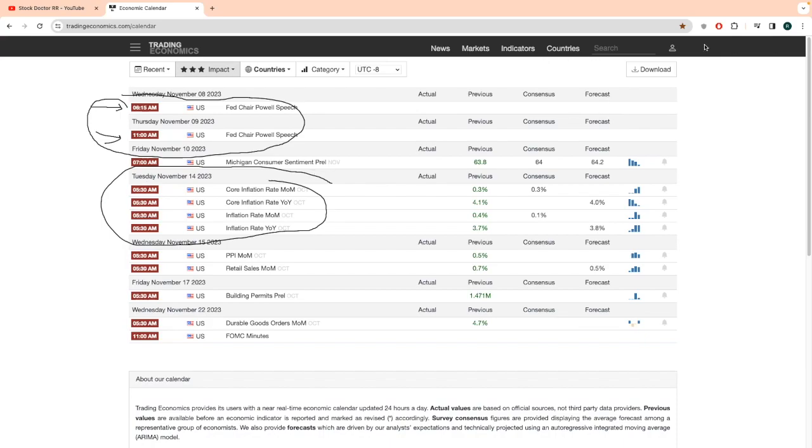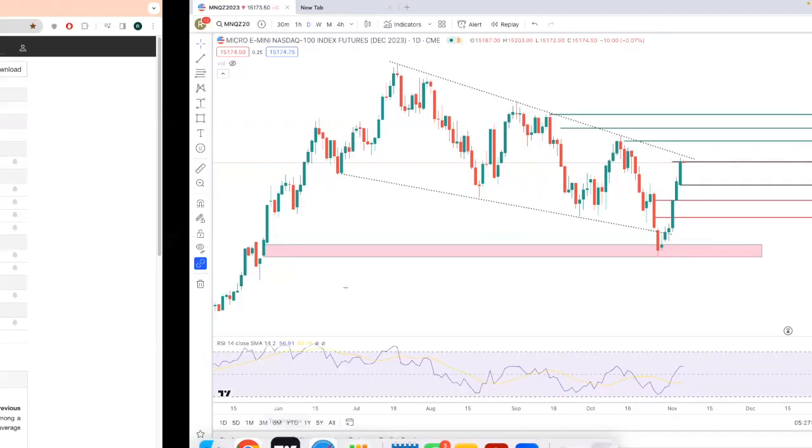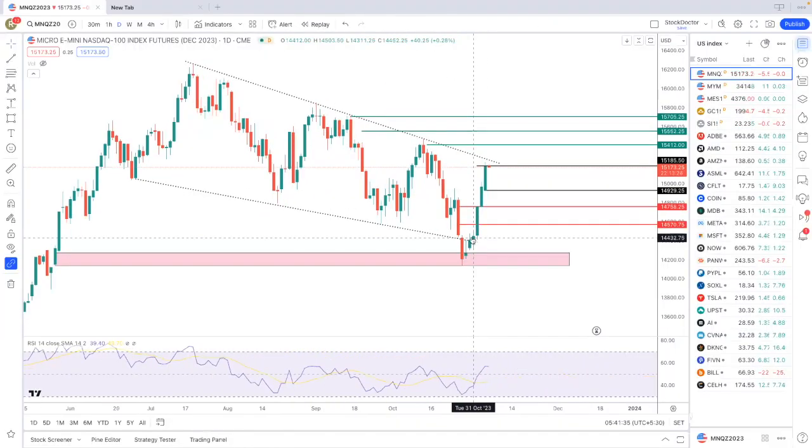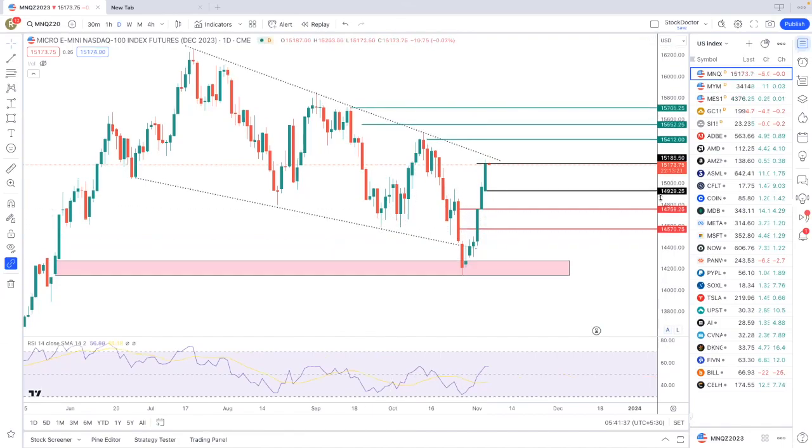Let's go ahead and start our analysis of the indexes first. Let me clear this chart. Let's go and see TradingView first. Okay, so this is the chart of Nasdaq 100.